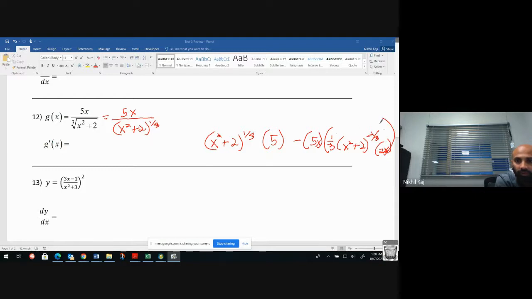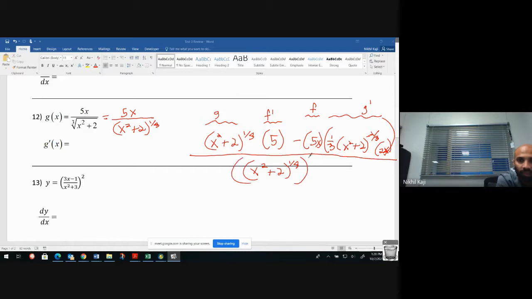All of this is my g prime. That's all over g squared. So I'm not even cleaning it up, but you can if you wanted to. You can make this 2/3, or you can put it in the square or the cube root form. Go from there.